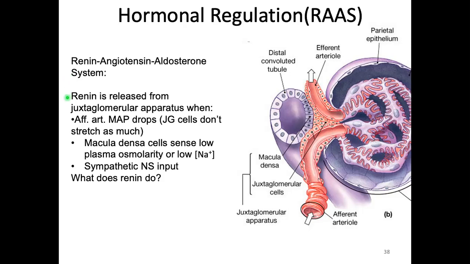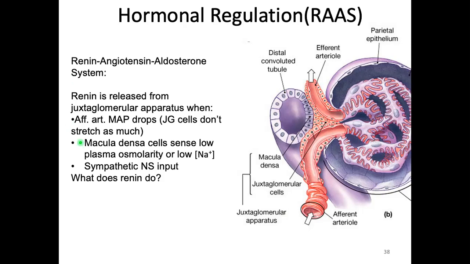So renin is released from the juxtaglomerular apparatus when your afferent arterial MAP drops. Why? The juxtaglomerular cells don't stretch as much, right? The macula densa cells are tied in.